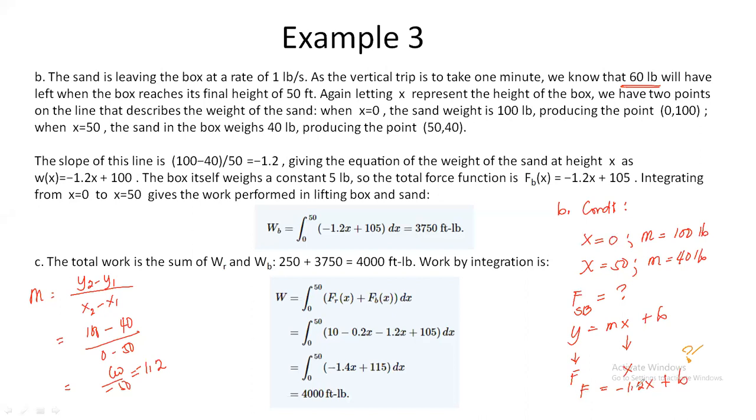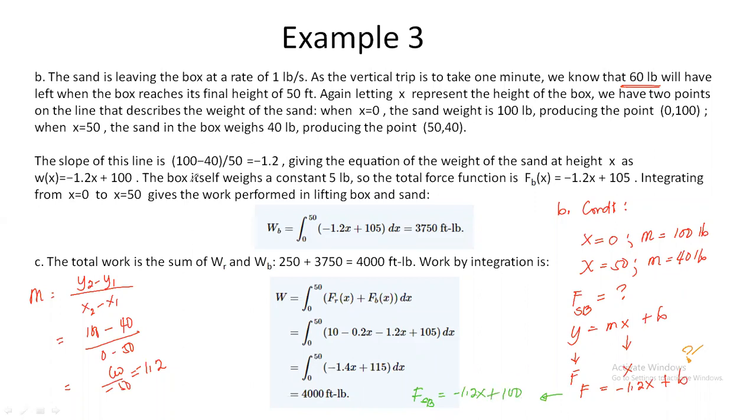If you substitute 0 here and 100 here, it follows that B is equal to 100. So your force equation for the sand and the box is negative 1.2x plus 100.